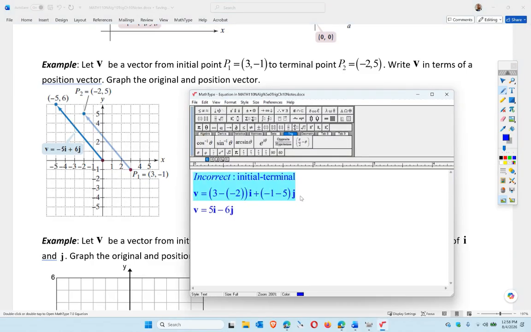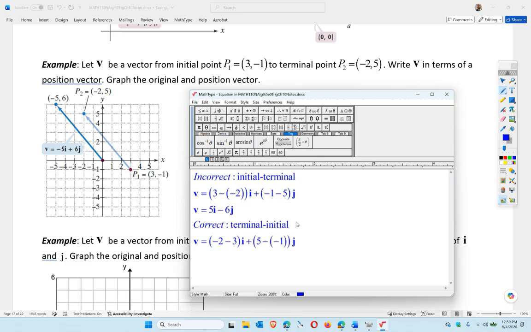So if I copy this and I put the correct way of doing it, it's terminal minus initial. That's the correct way of doing it. So if I switch this around, it'll be -2 minus 3, and then 5 minus the -1.